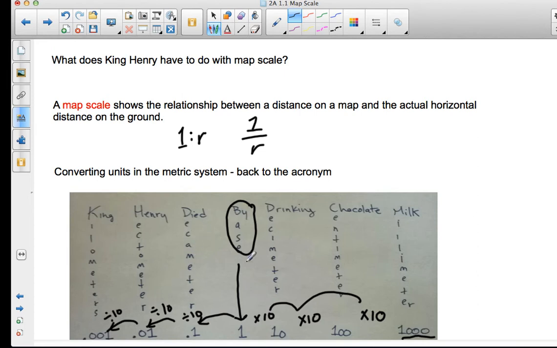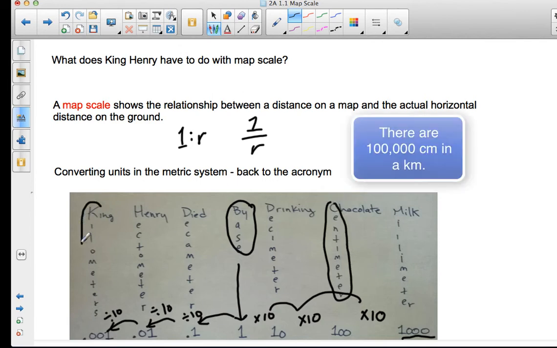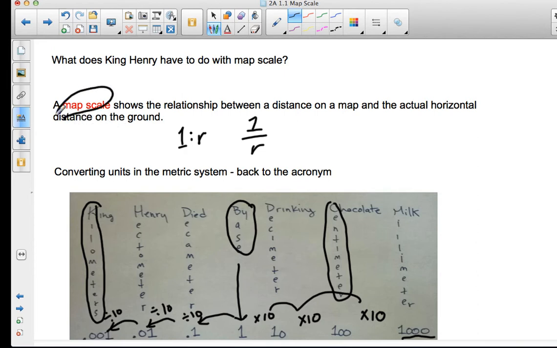So it's useful to know how to convert among different values within the metric system. The more you practice, the easier it gets. It might be important to think about how many centimeters are in a kilometer, for example. That'll help you as we get to map scale.